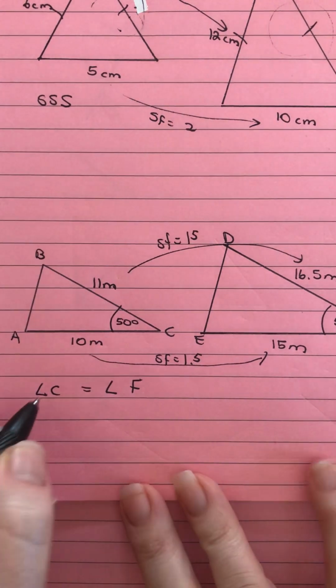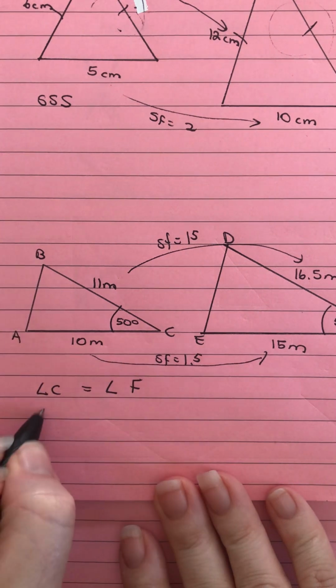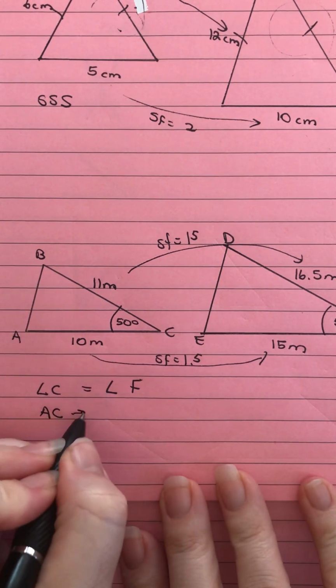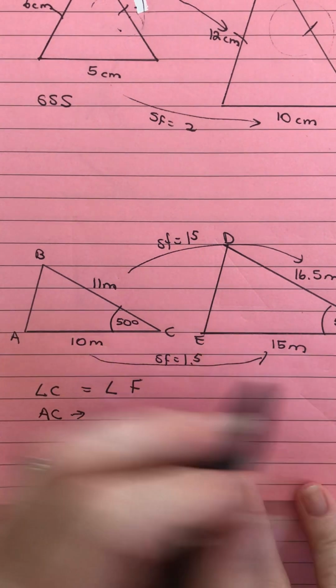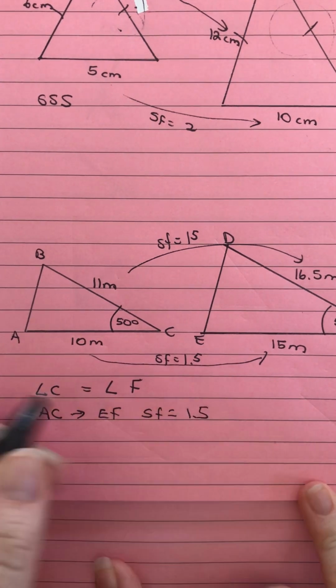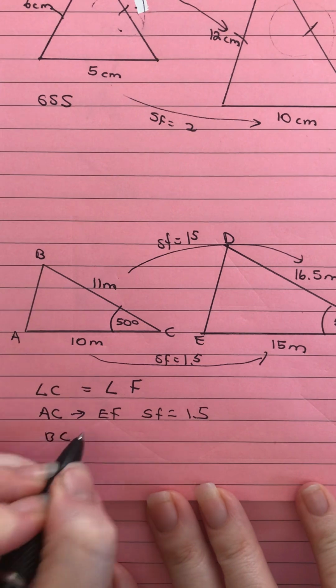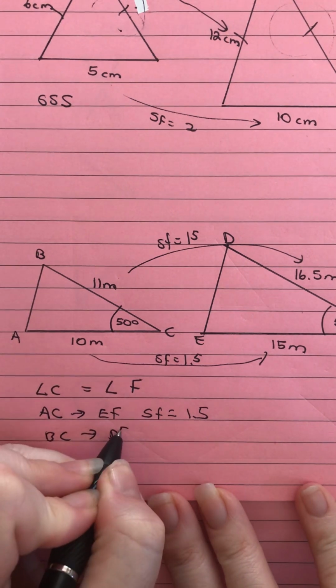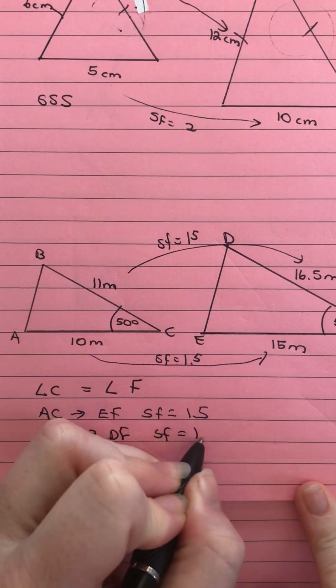So then we will say that our line AC to EF, scale factor equals 1.5, and then we've got BC to DF, the scale factor equals 1.5.